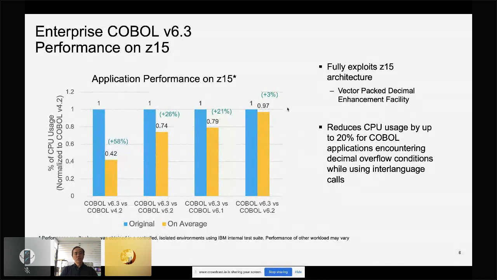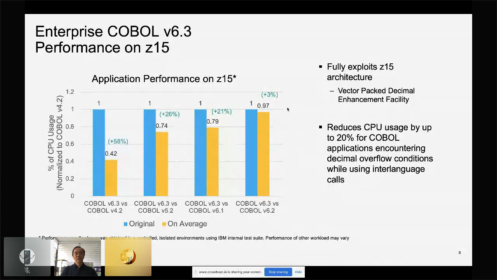But if you're using 6.2, you're looking at 3%, right? So basically, we achieved this not just by exploiting the hardware, but we also put in new advanced optimization features as well. So the optimization technology will improve as we go along, as we follow the hardware roadmap as well.